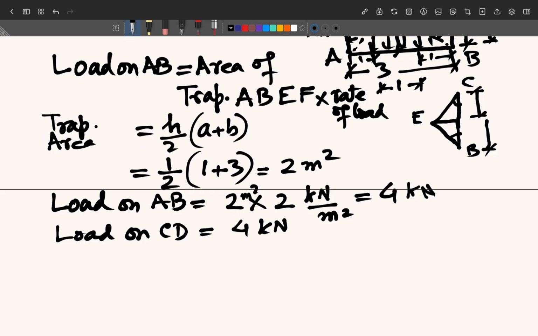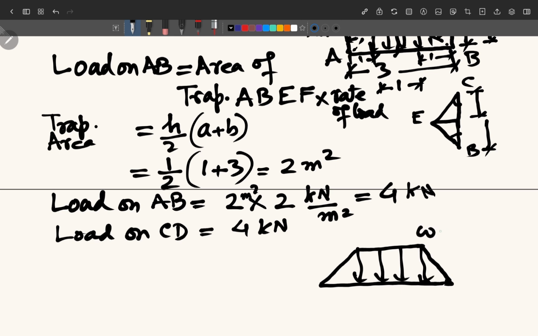Now if somebody wants to calculate the intensity of this load, this is your trapezium. So this is W per meter, and this is your length, which is 3, and this one is 1. So we can calculate this W. Similarly, this is the load diagram.